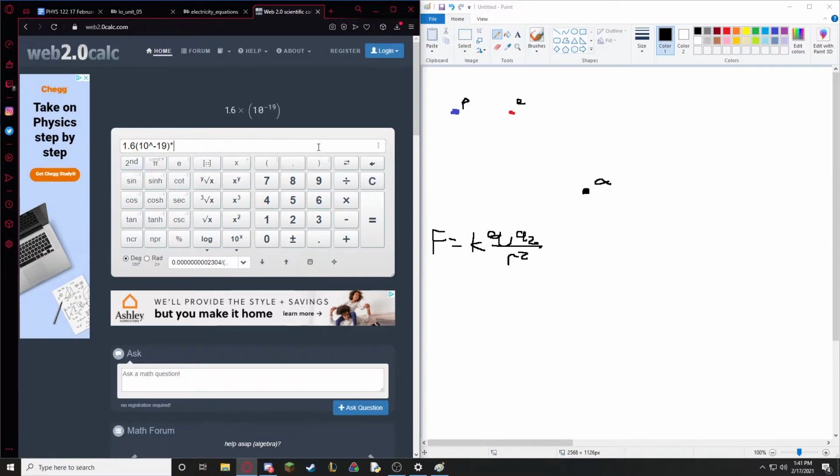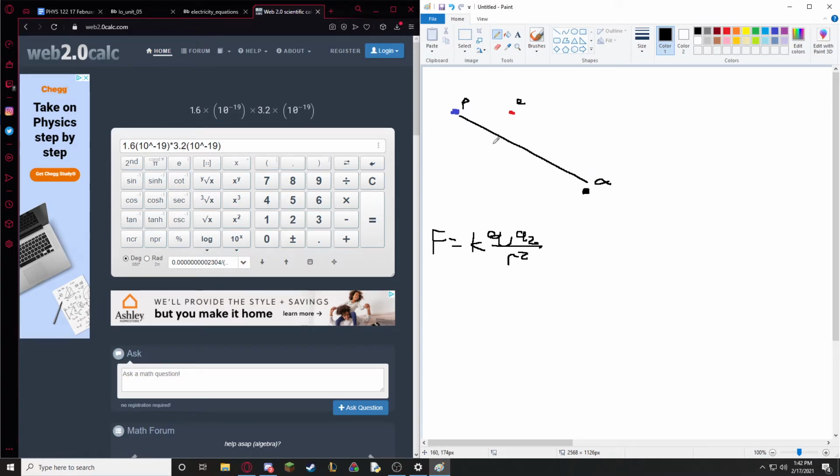Yep. And the other one is going to be positive too. It'll be, I guess, twice as much. Yep, exactly, twice the charge. 3.2. Yep, exactly. So we have our 1.6 times 10 to the minus 19. That's q1 up here. q2 is our 3.2 times 10 to the minus 19, divided by our distance r here.